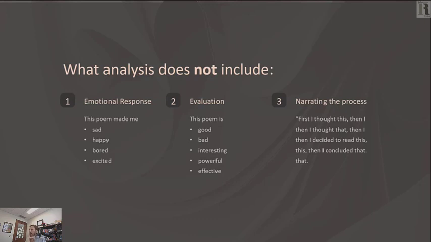That is, narrating the process is not a part of your analysis, and it also just kind of muddies and bloats your writing. These are three common mistakes that I see in undergraduate writing. And when I say mistakes, I don't mean that they're bad. I just mean that they don't belong in an assignment that is asking you to analyze something or to critically analyze something.